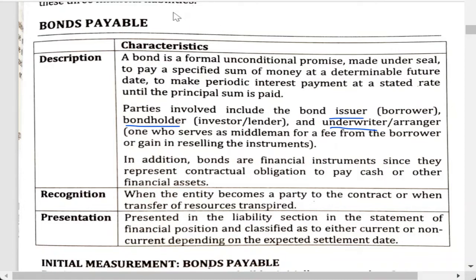So, I repeat. On the side of the issuer, katong nag-issue sa bonds, mag-debit siya og cash for the consideration and mag-credit og bonds payable. On the side of the bondholder, ang iyahang entry here would be investment in bonds.